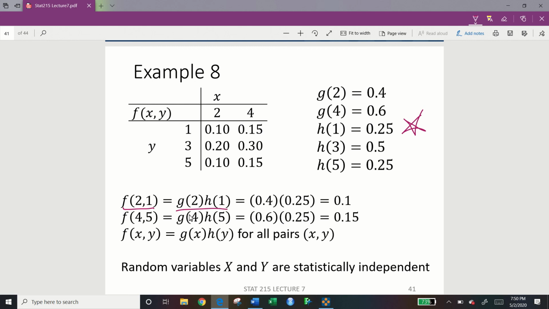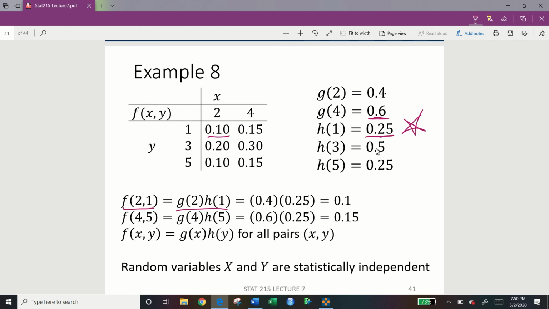So f of 2 comma 1 equals 0.1. G of 2 is 0.6. H of 1 is 0.25.